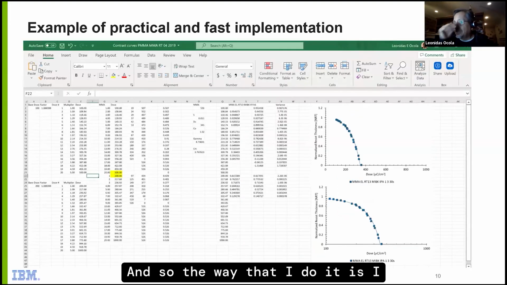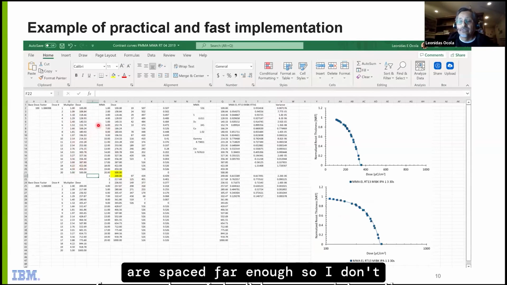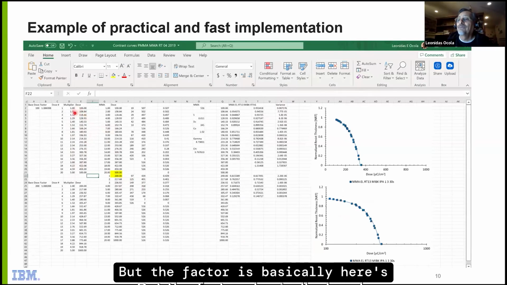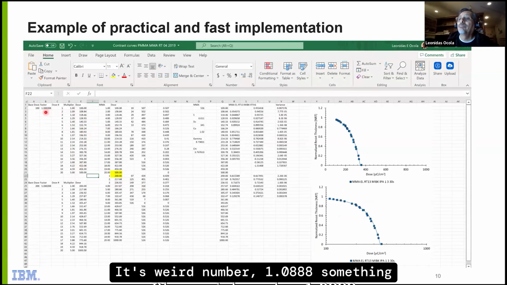The way that I do it is I create a pattern that just has 10 boxes, 20 boxes, spaced far enough apart so I don't have any interaction between the boxes when I expose. The factor is basically the multiplier. It's a weird number, 1.0888 something.